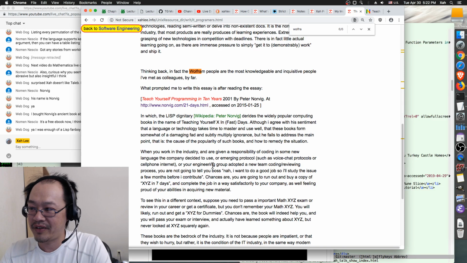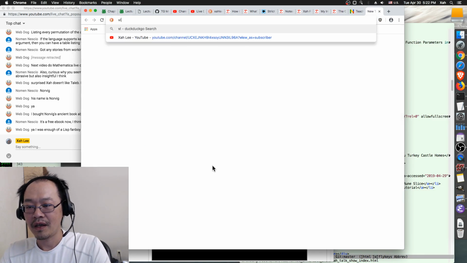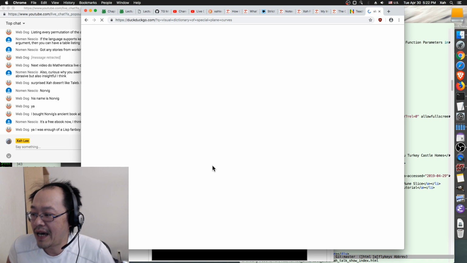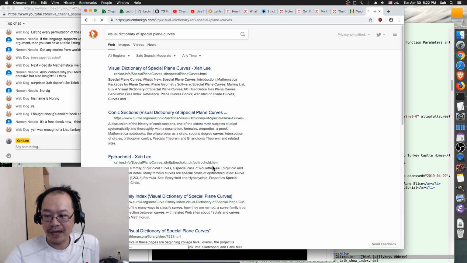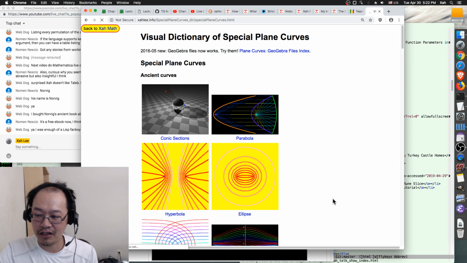I was doing this visual dictionary of special plane curves. That is the project. This is the result of my working there: several Mathematica packages.